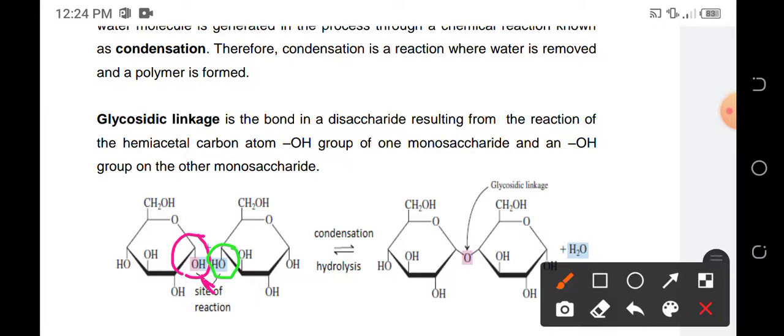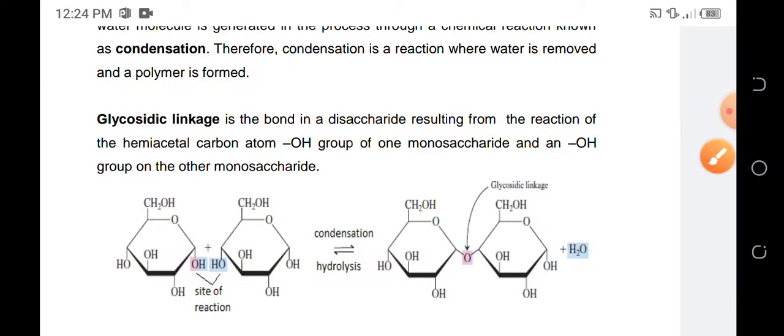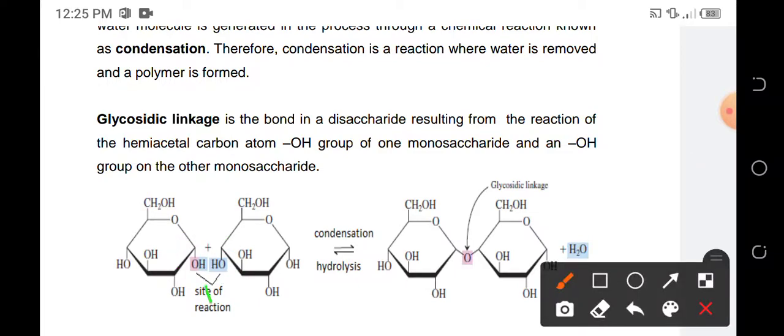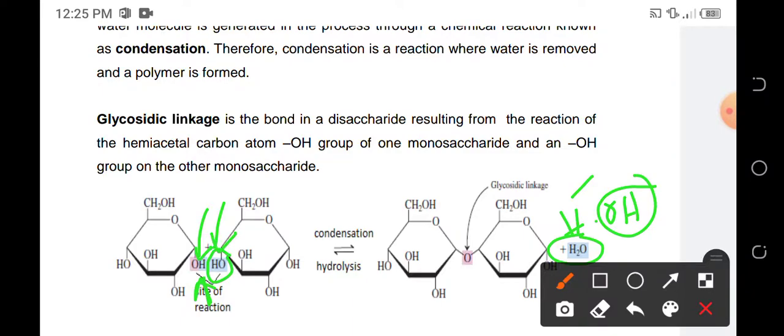So this is the reaction between the hydroxyl of that hemiacetal carbon atom and the hydroxyl of the other monosaccharide, such that the hydrogen dito sa first monosaccharide will react with the hydroxyl. That's why you're going to have the HOH or H2O. So, yung H2O na yan ay HOH. The H is coming from the first monosaccharide and the hydroxyl is coming from the second monosaccharide.